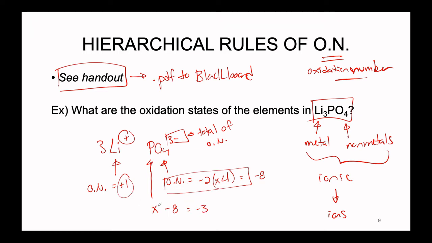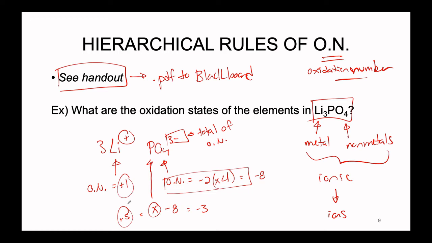What this leads us to believe is that the oxidation number on our phosphorus, our X, is going to be equal to +5. And so in following the method of the hierarchical rules of oxidation numbers, we can break down what our compounds are, whether they are ionic or molecular.